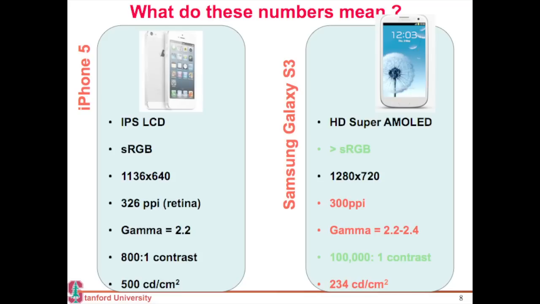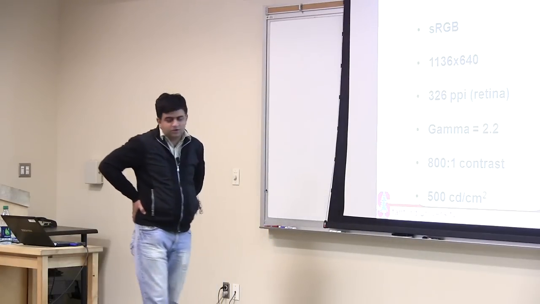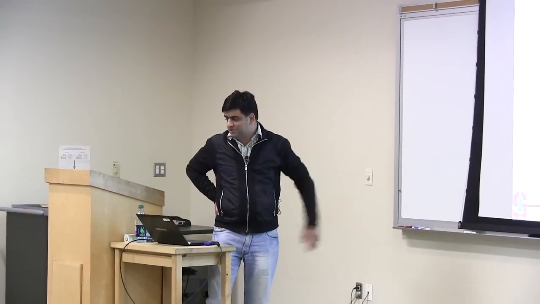It says a gamma of 2.2. What does this gamma of 2.2 mean? It says a contrast of 800:1. Is it a good enough contrast? Do I need more than this? It says a brightness of 500 candela per meter squared. So again, what are all these numbers? Does any of you understand all of these numbers? What do they mean?